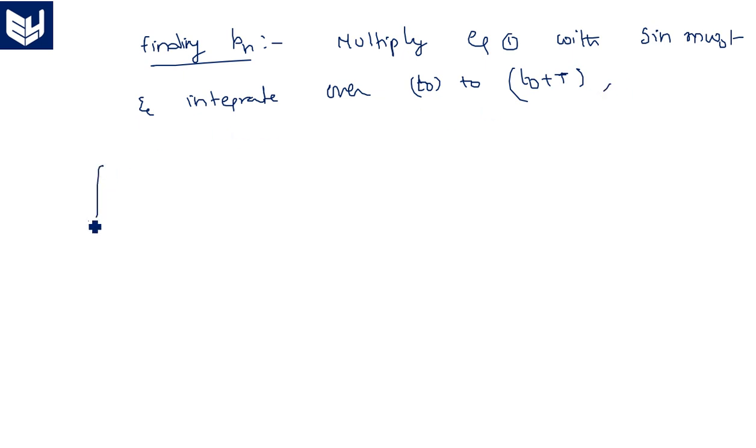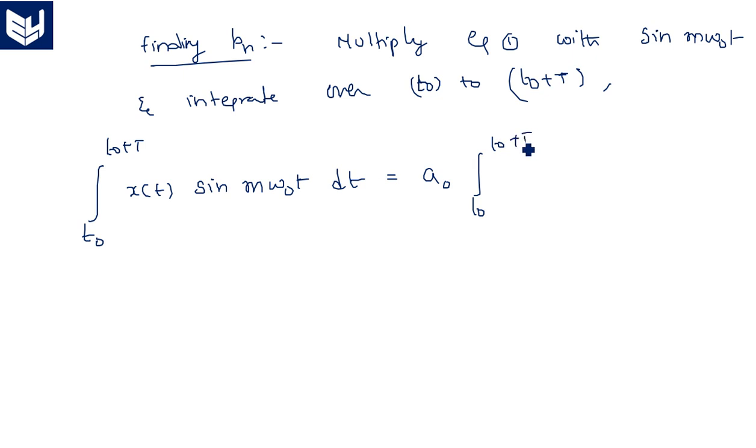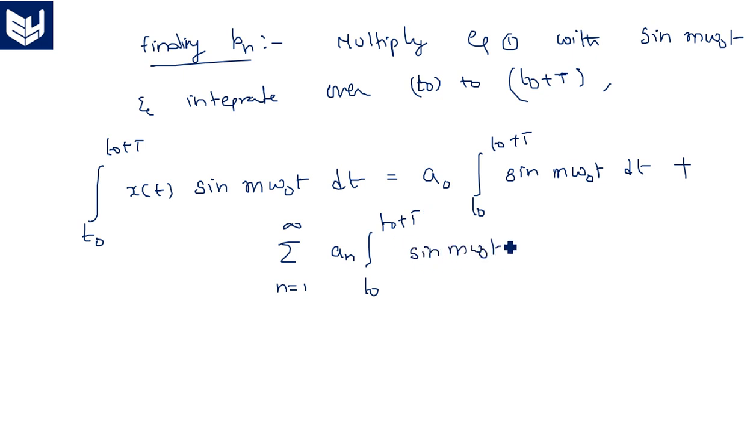So then what happens? Integral t naught to t naught plus capital T x of t, and now the multiplied function is sin m omega naught t dt is equal to a naught integral t naught to t naught plus capital T sin m omega naught t dt plus summation n equal to 1 to infinity an integral t naught to t naught plus capital T sin m omega naught t, and originally we have cos n omega naught t dt.